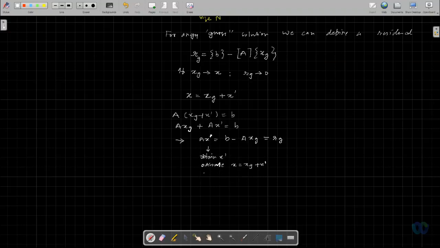If Rg, which is b minus A x, is not equal to 0, then again xg is equal to x, and repeat steps 1, 2, 3.